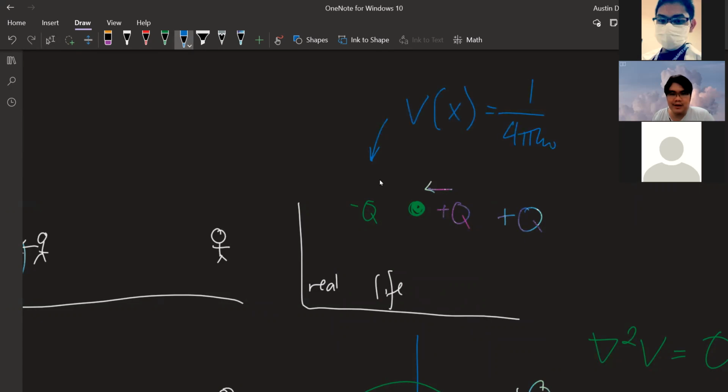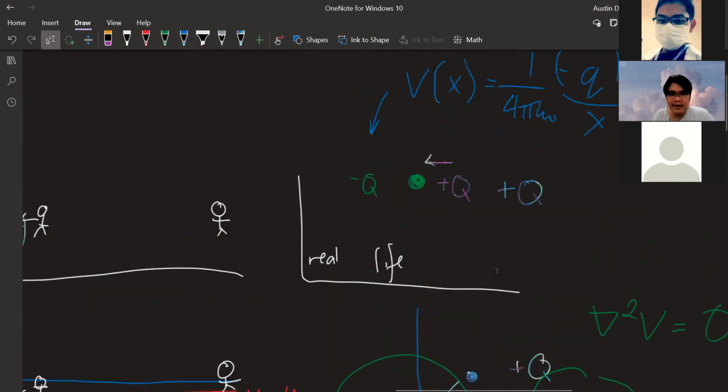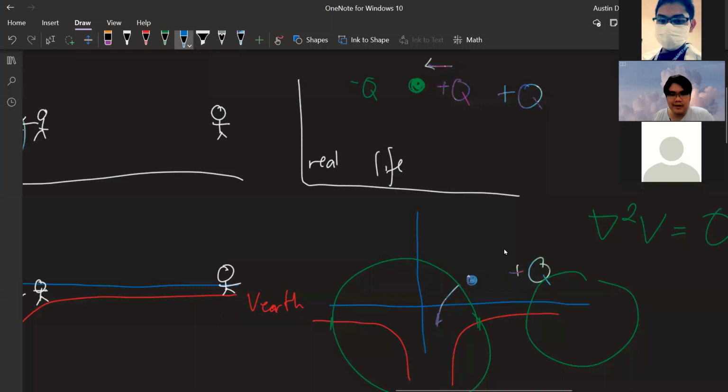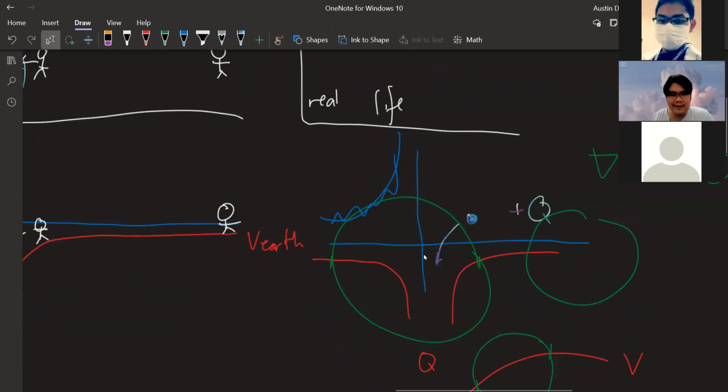At pag ginraph mo yan, lalabas ay ito. Actually, pag ganun yung kabila. Pero yung nasa right-hand side lang tayo tumitingin. Yung graph talaga niyan ay pag ganun, tapos pag ganun. Okay, tama? Ayun ba yung tanong mo?